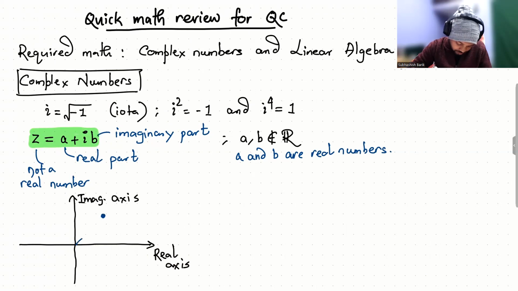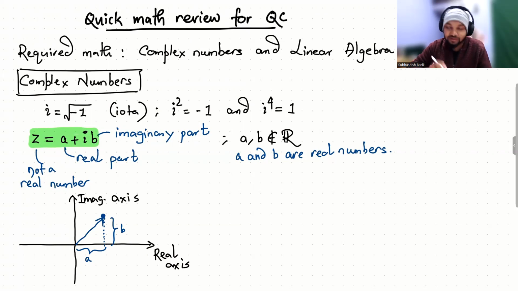I can put an arrow to it, and if I take the projection of this vector on this axis, then this is the real part. So this would be a and this would be b. So a and b denote the real and imaginary parts of the complex number z.